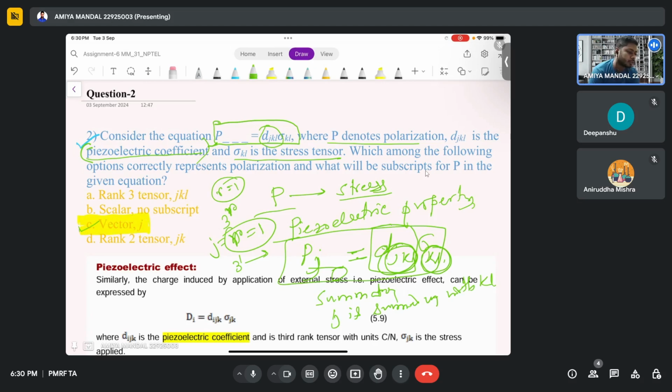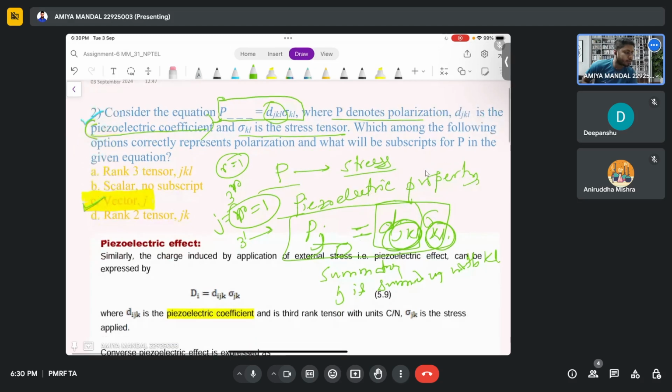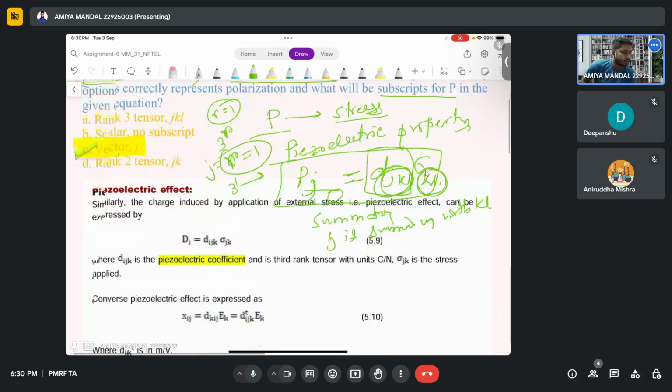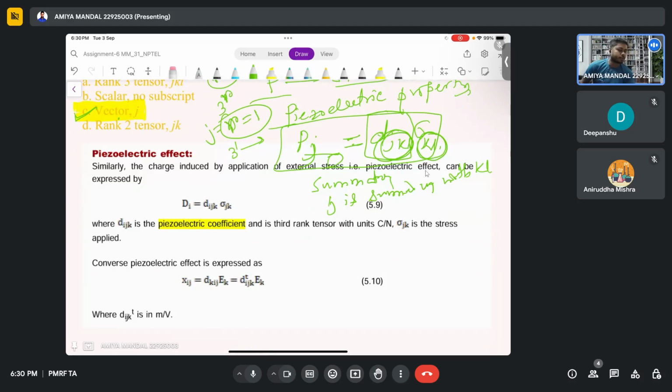Option C will be correct, and the rank of P will be given by the superscript of P. Now, I'm just discussing something about the piezoelectric effect. This question is based on the piezoelectric effect and its concept.